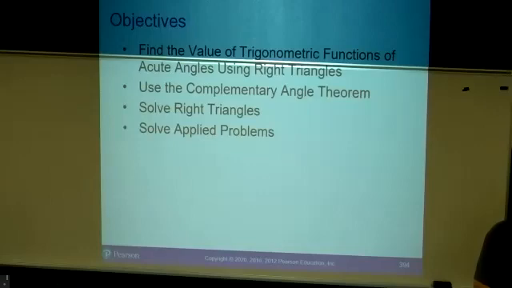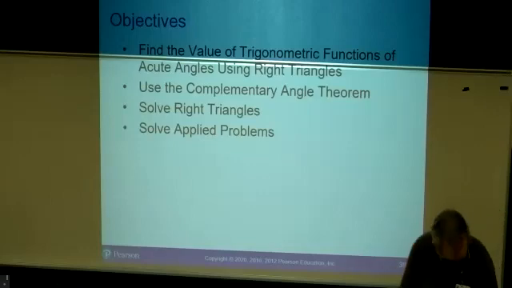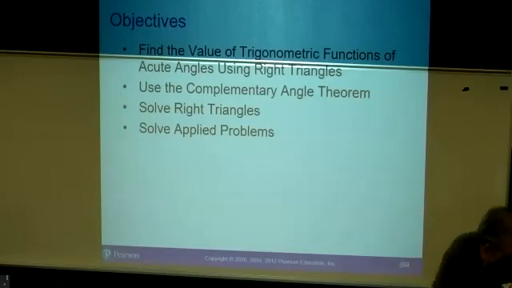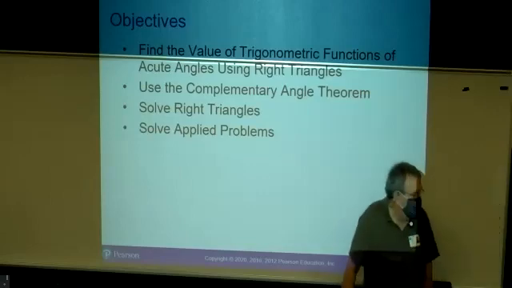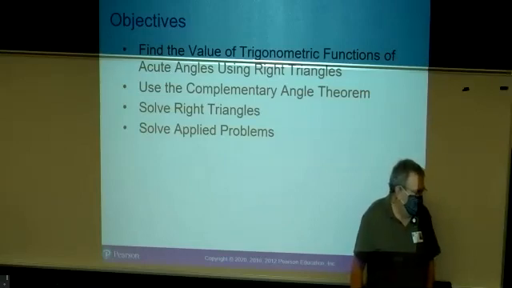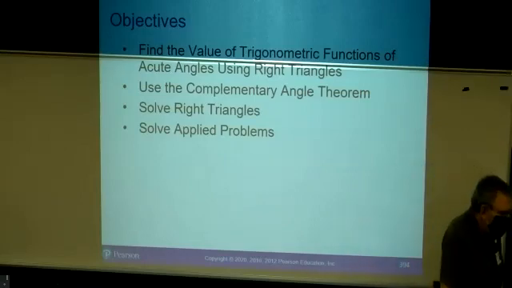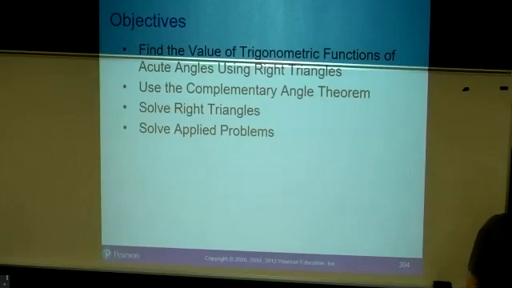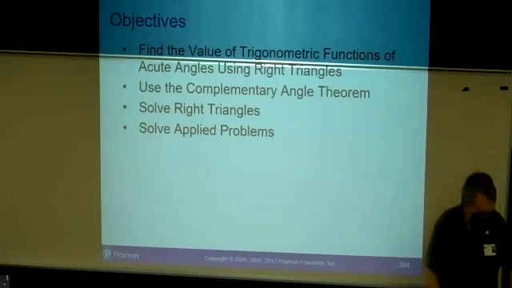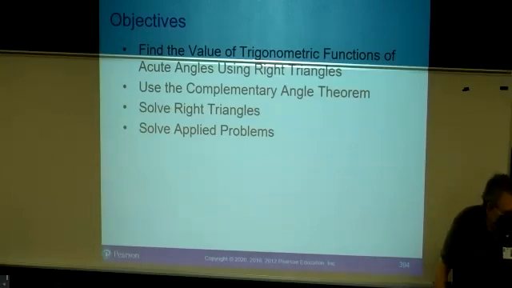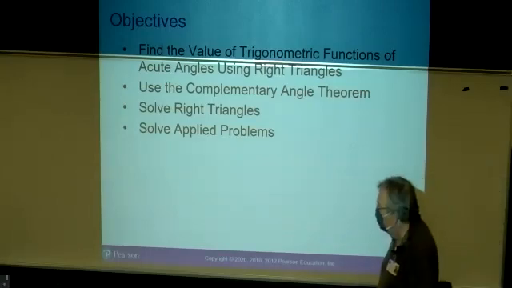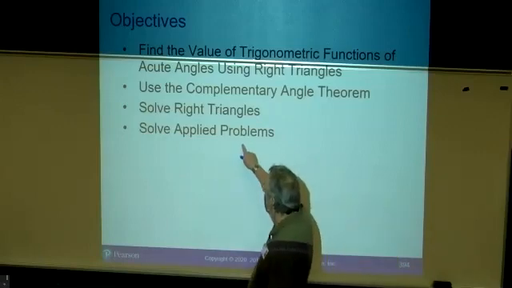Running my battery down. Okay. So to find the trigonometric functions of acute angles, using right triangles, use the complementary angle theorem, and to solve right triangles, and then what used to be called word problems, the applied problems.